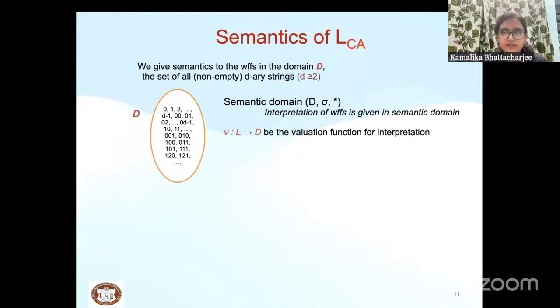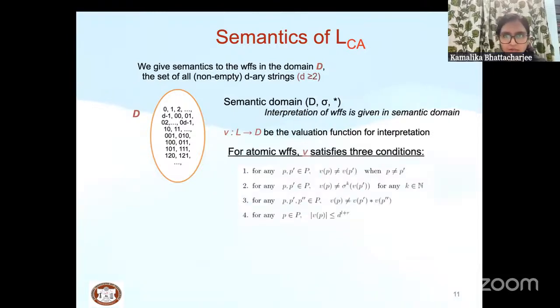So our semantic domain is now D sigma star. Interpretation is given in the semantic domain using a valuation function. Our atomic well-formed formulas have to satisfy these conditions. Basically, it is 4 conditions. Two atomic formulas' valuations should not be the same.